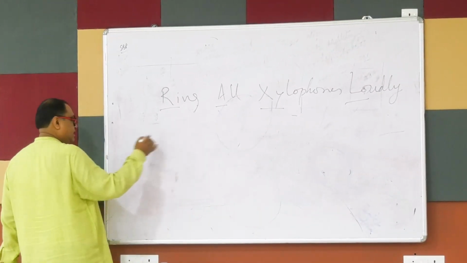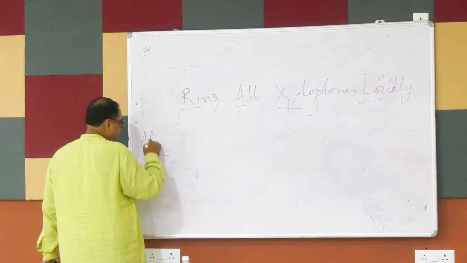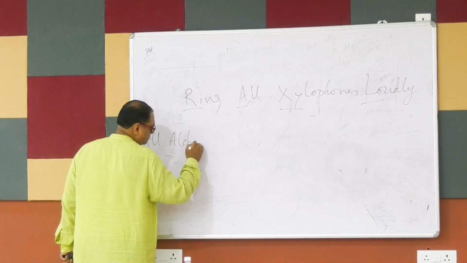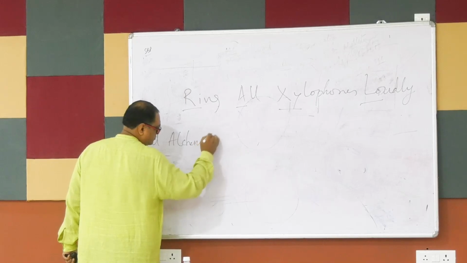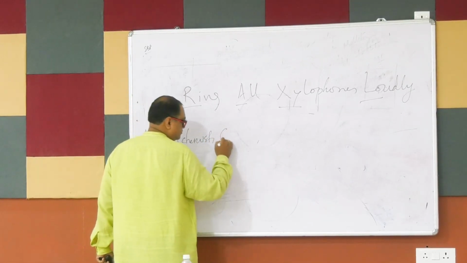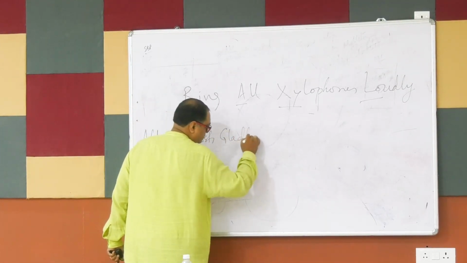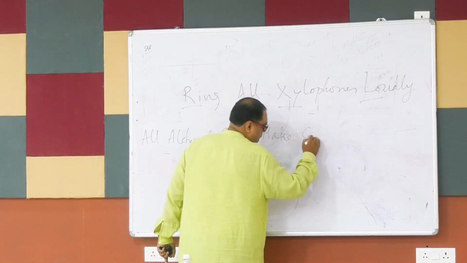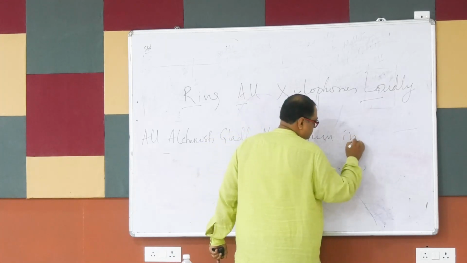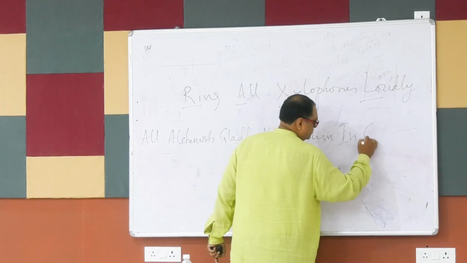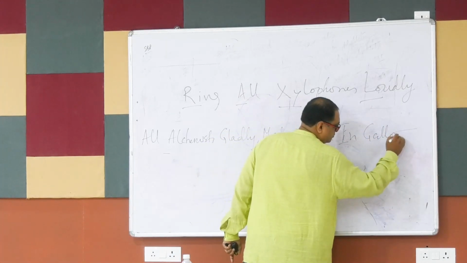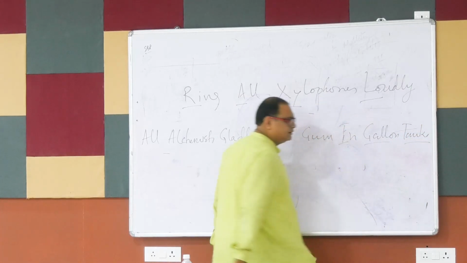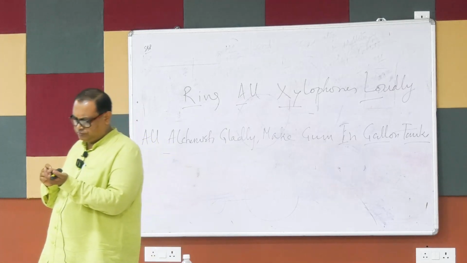For pentose sugar, for hexose sugar, nothing is made by me. All are given in the chemistry book.